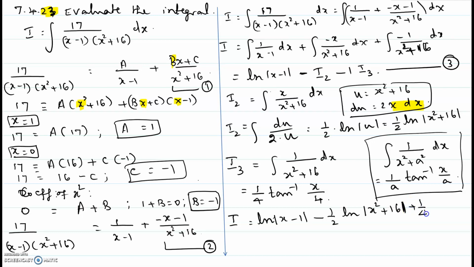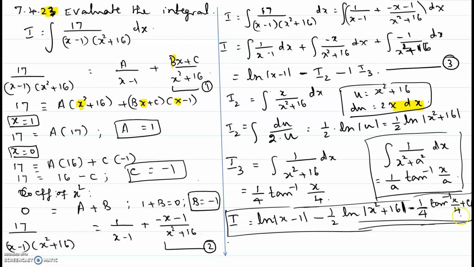Then I3 is minus I3 here, so minus 1/4 tan inverse of x over 4 plus C, if this was an indefinite integral. Keep in mind, as this is an indefinite integral, there is no lower limit or upper limit. So we have to add the additive constant C in the answer. Hope this video helps.